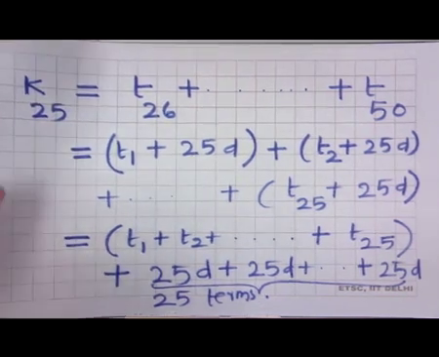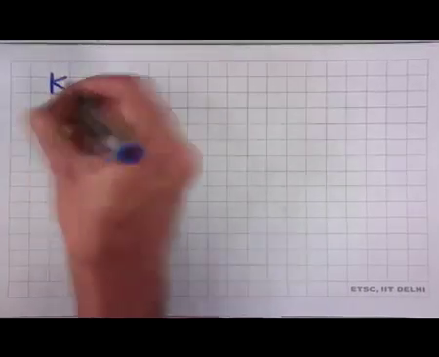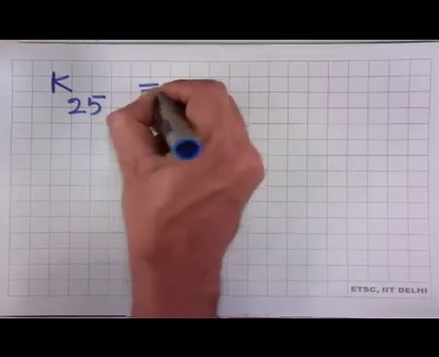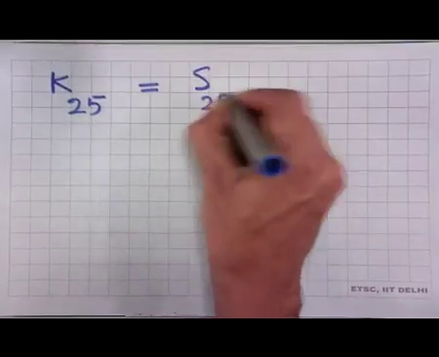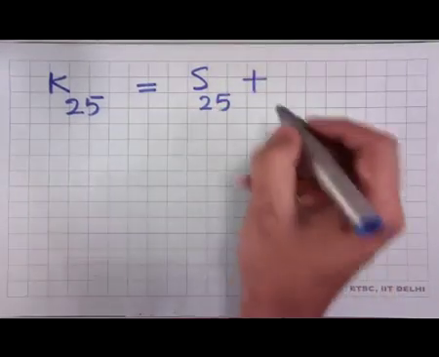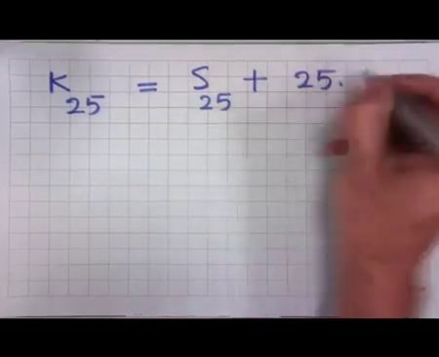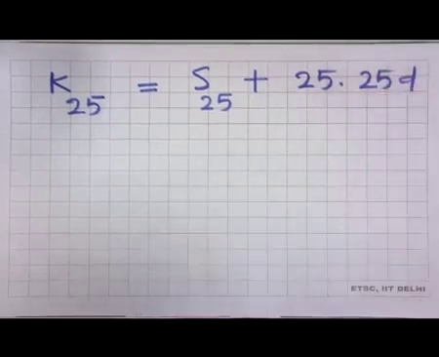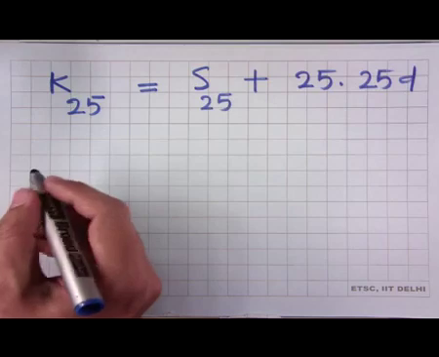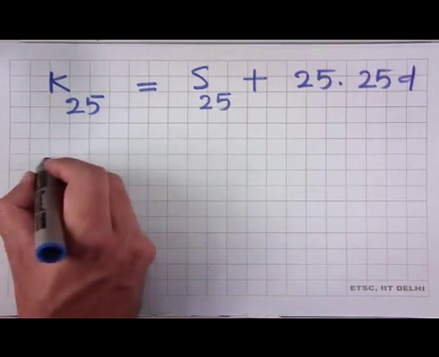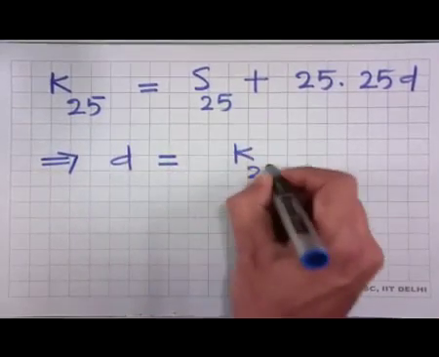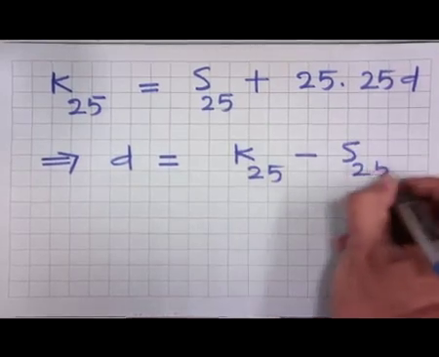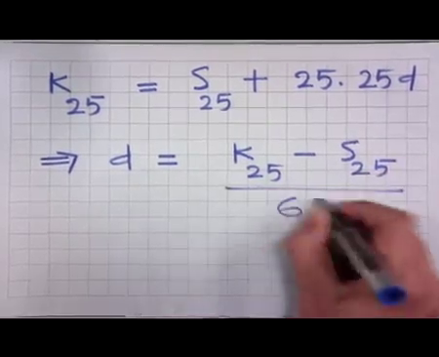From this, one can gather that K25 is equal to the sum of first 25 terms, that is S25, plus 25 times 25D. From this, D can be isolated as follows: D equal to K25 minus S25 by 625.